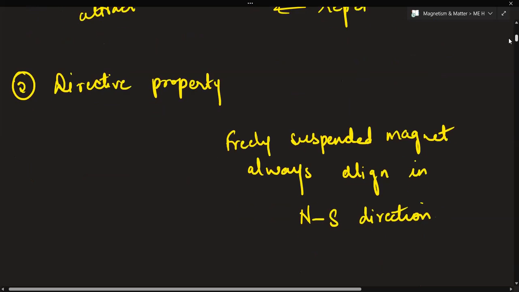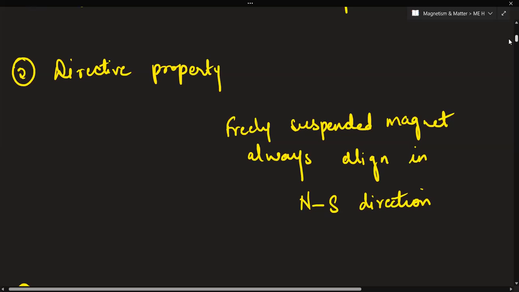The second property is the directive property. Initially, we'll be talking about the terms first, then we'll go into the main chapter.